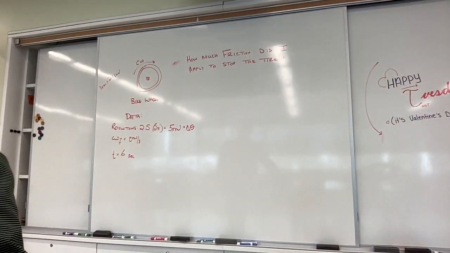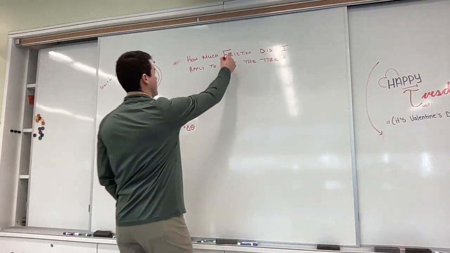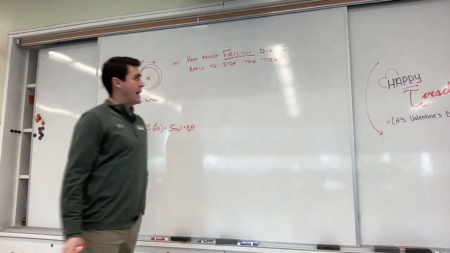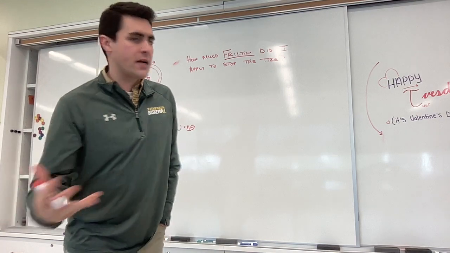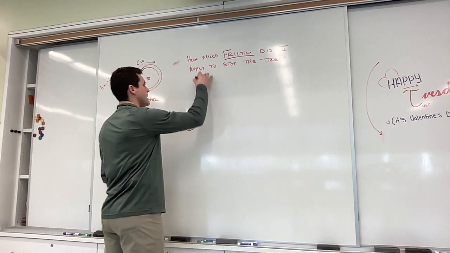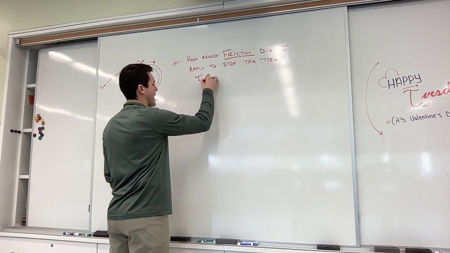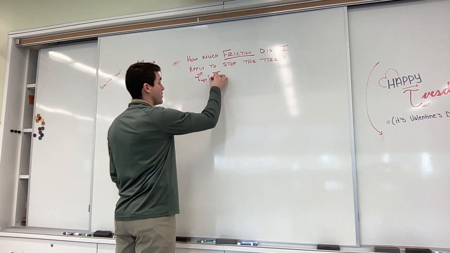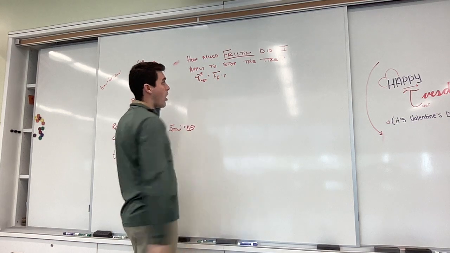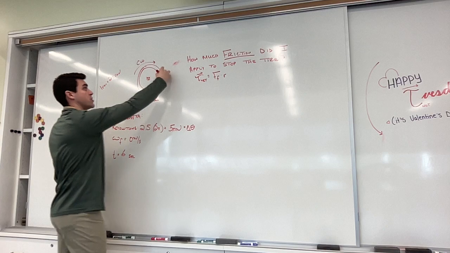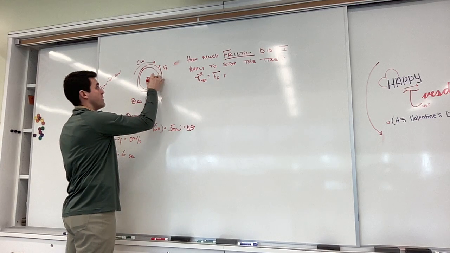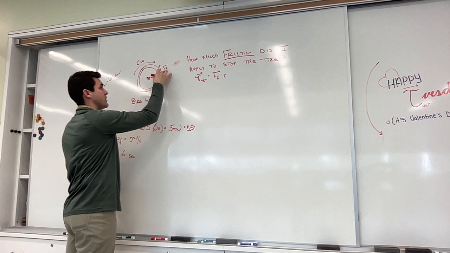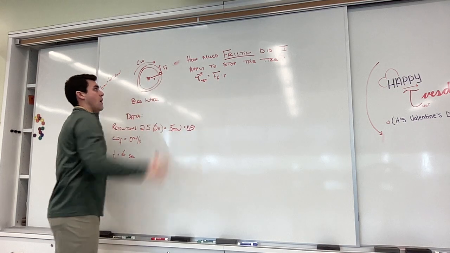And again, our big question is how much friction did I apply to stop the tire? So we see an outside force. Let's start with our net torque expression. Net torque: the only force acting on this was the force of friction at a distance of r, which was our radius. That was a force of friction from the hand, acting perpendicular to the radius of the bike tire.